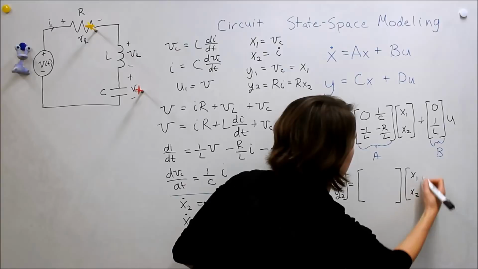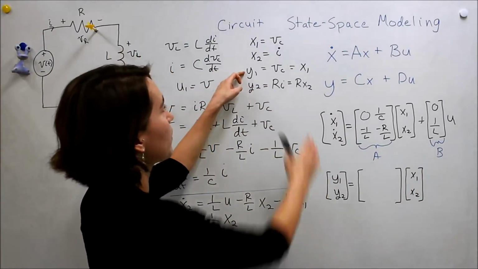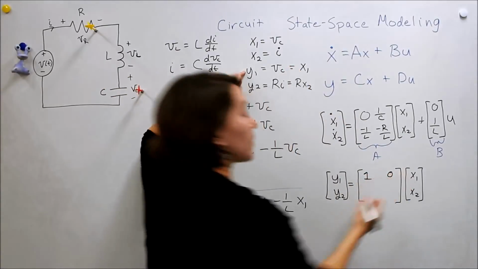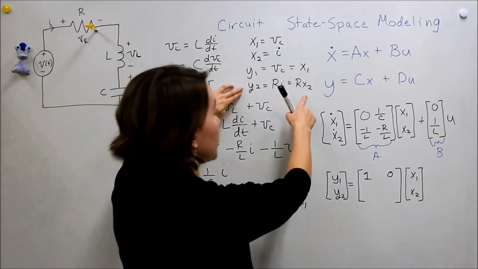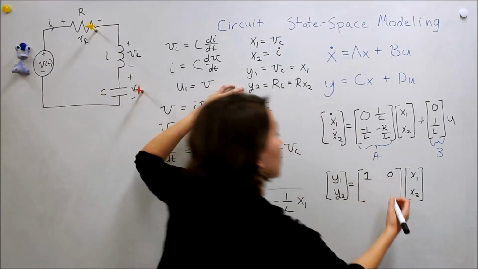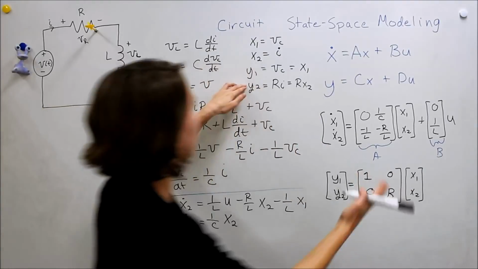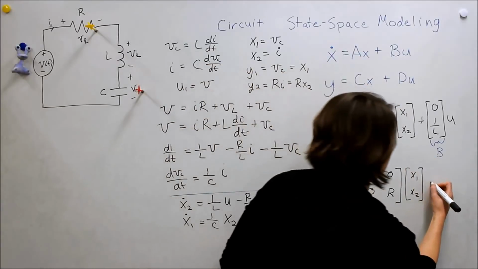X1, X2. Okay, and our Y1 only depends on X1, so we have 1 and a 0 here. Our Y2 depends only on X2 and is multiplied by R, so we have a 0 and R here. And then they don't depend on U, but we should just be proper and write down D here.